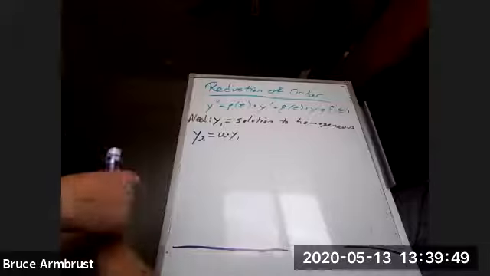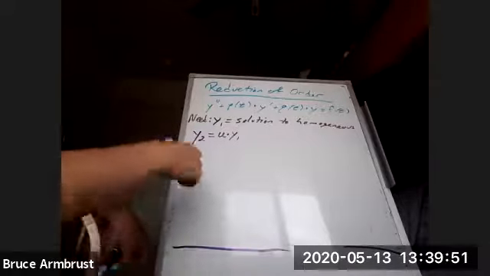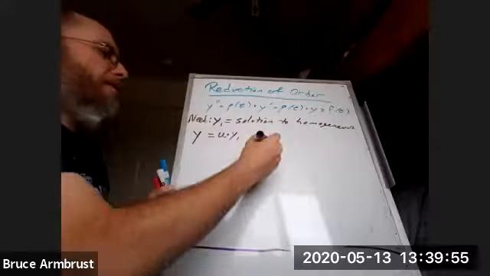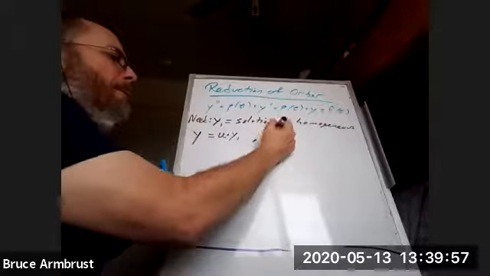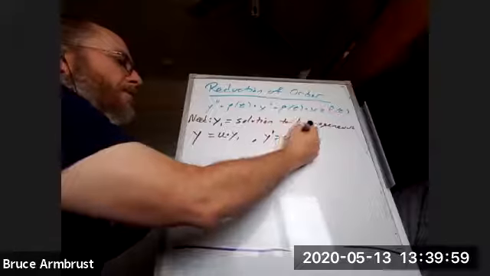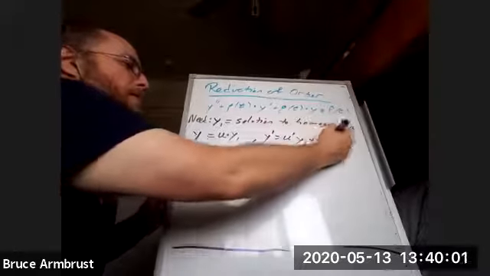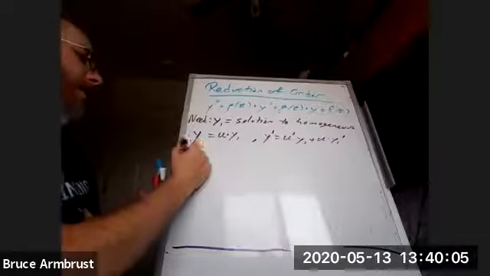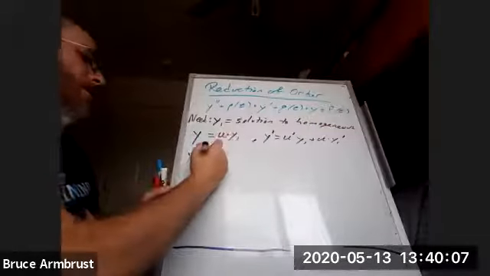So let's just follow what would happen. This is our y. I'm just going to call it y for right now, so I don't have to write as much. Then y prime, I have to use the product rule. And then y double prime, I use the product rule again.